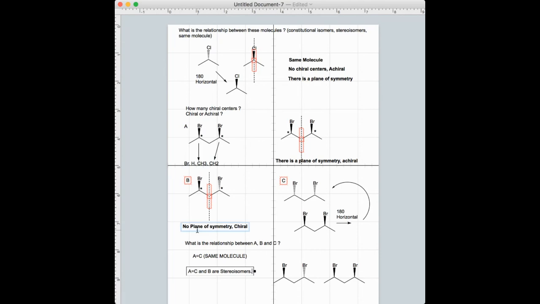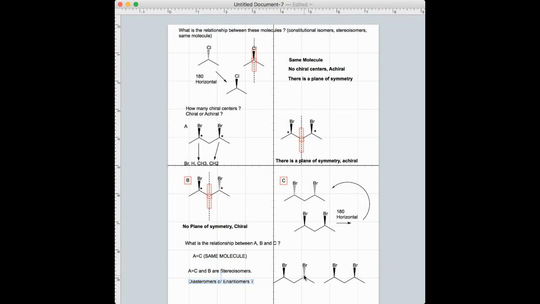And then what kind of stereoisomers are they? So the next question to answer is basically, are they diastereomers or enantiomers? And to answer this question, we just need to know if they are the mirror image of one another.